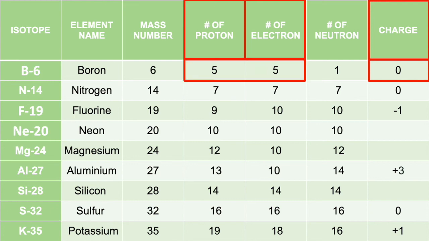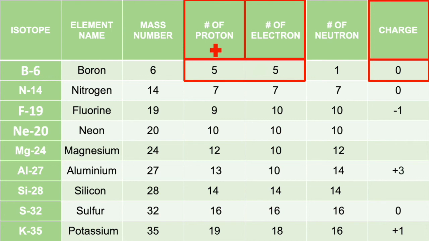If the charge of that atom is 0, it means that the atom is in a neutral state, which means the atom has equal numbers of protons and electrons. So for boron, we have 5 protons and 5 electrons. That's why the charge of boron is 0.